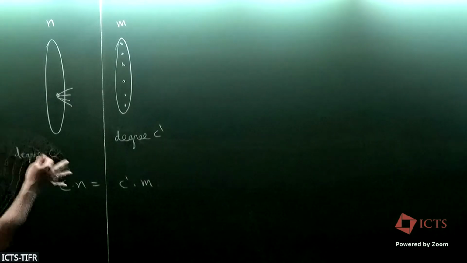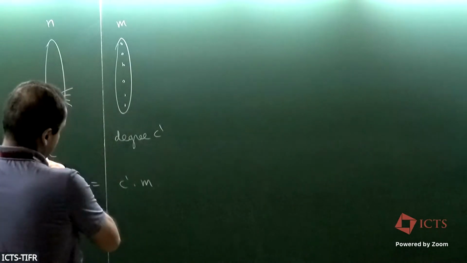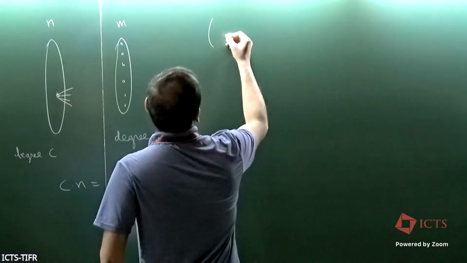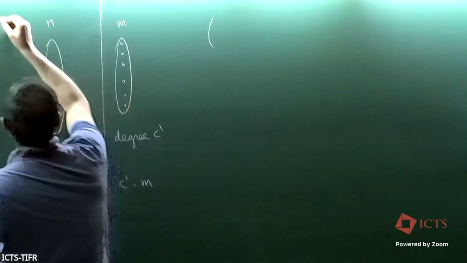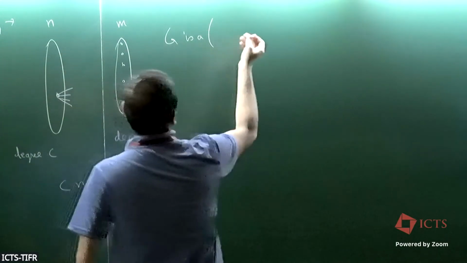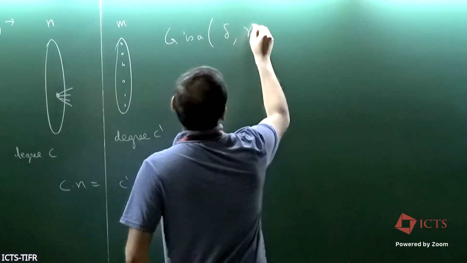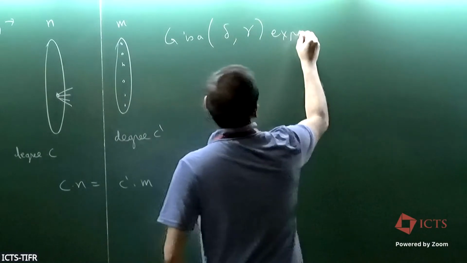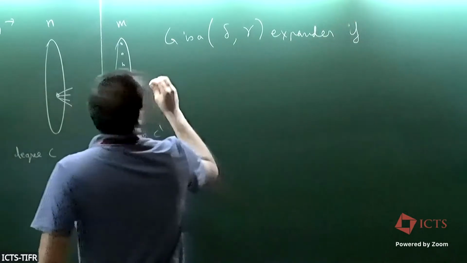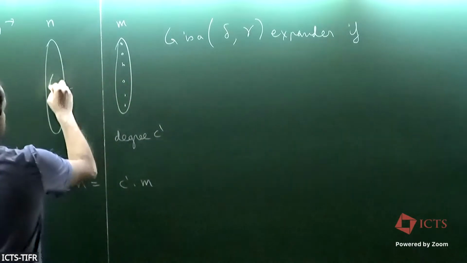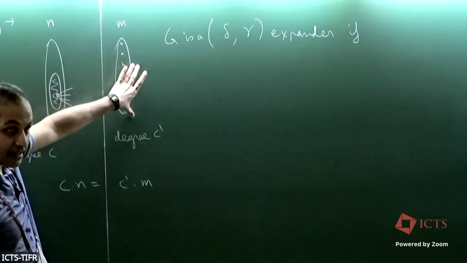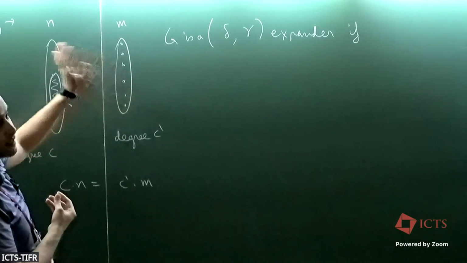And okay, so we're in the setting of such a biregular graph, and we want it to be an expander. So this is my graph G. This G is a (delta, gamma) expander if, for any subset on this side, the size of its neighborhood on that side is substantially bigger than it.